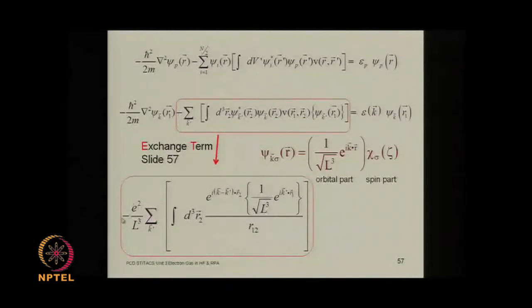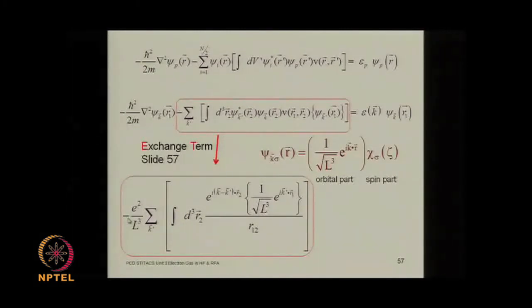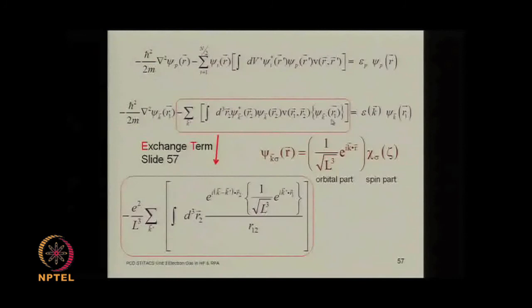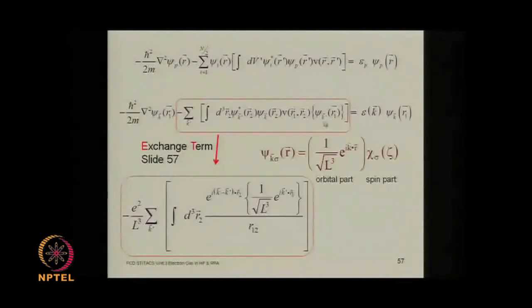I first place that minus sign over here, and there are these 3 wave orbitals. One is here which comes with a complex conjugation, then there is a psi k and there is a psi k prime over here. So, psi k prime, let me write as it is, which is 1 over root of L cube e to the i k prime dot r 1, right.